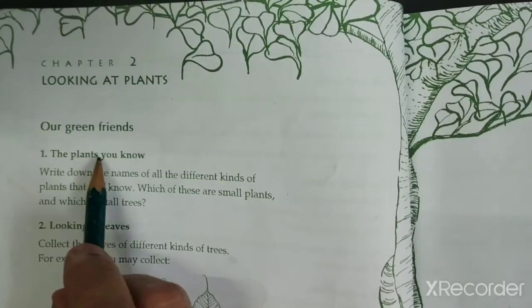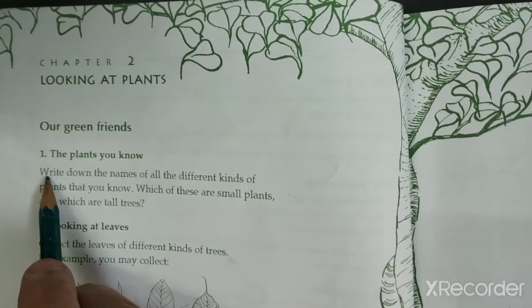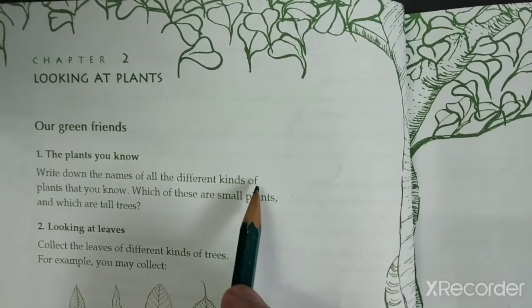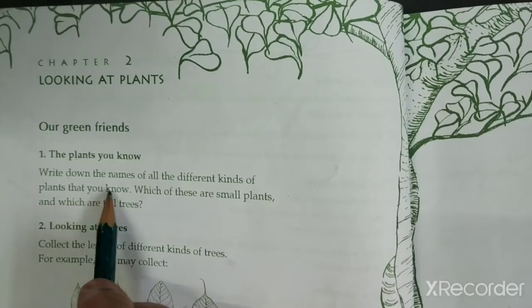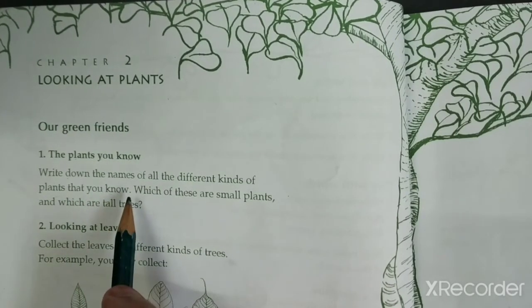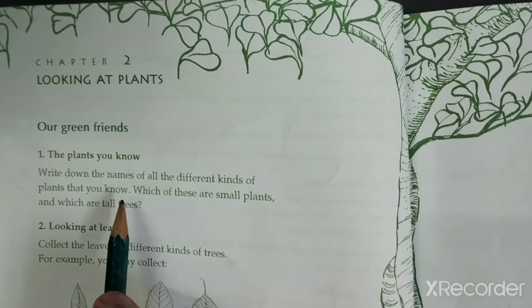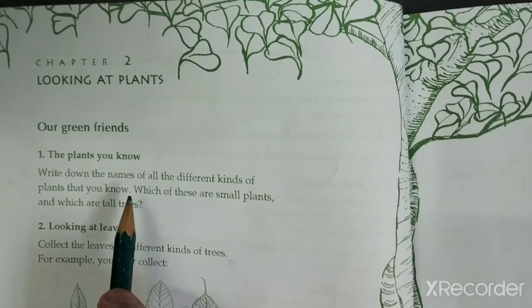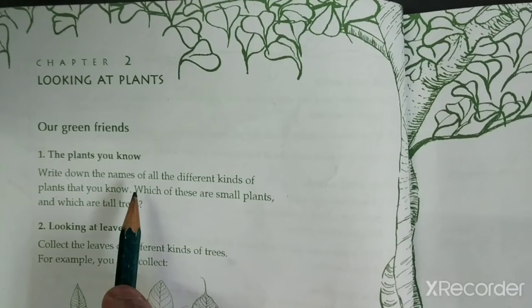The plants you know. Write down the names of all the different kinds of plants that you know. This is the first activity: whatever names of plants you know, you can make a list, just to check yourself whether you know the names of the plants or how many different types of plants you know.